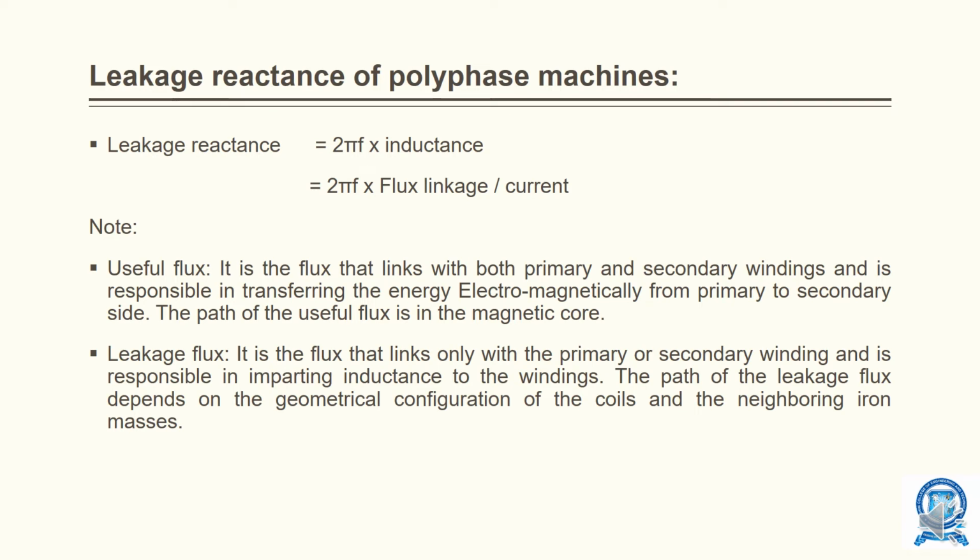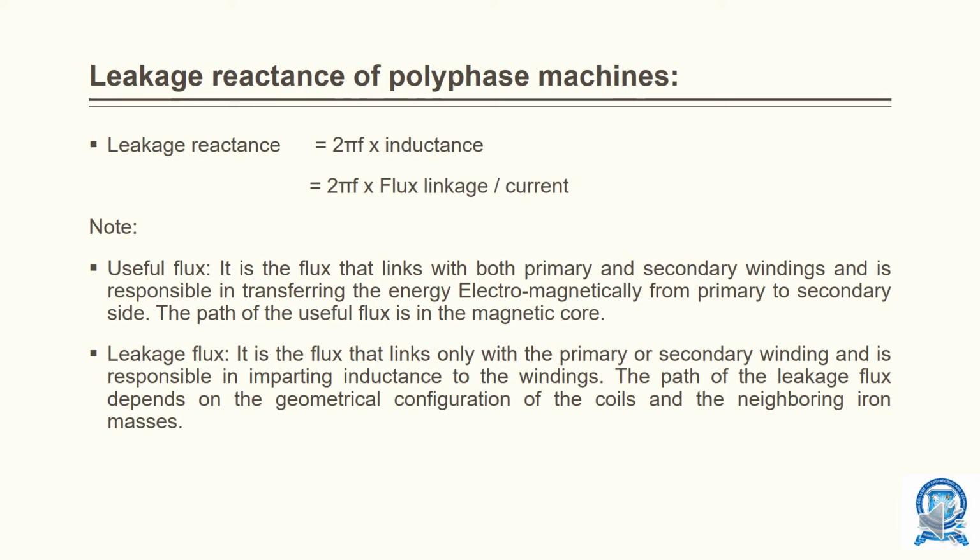It is the flux that links only with the primary or secondary winding and is responsible for imparting inductance to the winding. The path of leakage flux depends on the geometrical configuration of the coil and the neighboring iron masses.